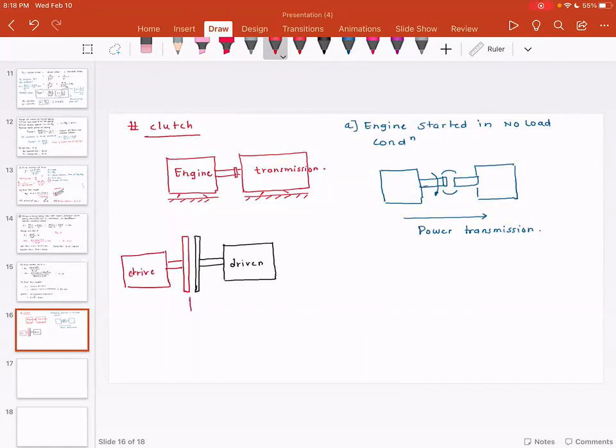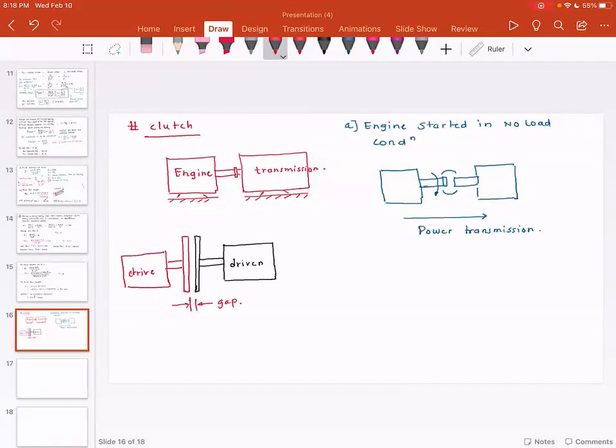There is a teeny tiny gap between these two plates. When you have this gap, the drive is decoupled or declutched from the driven system.